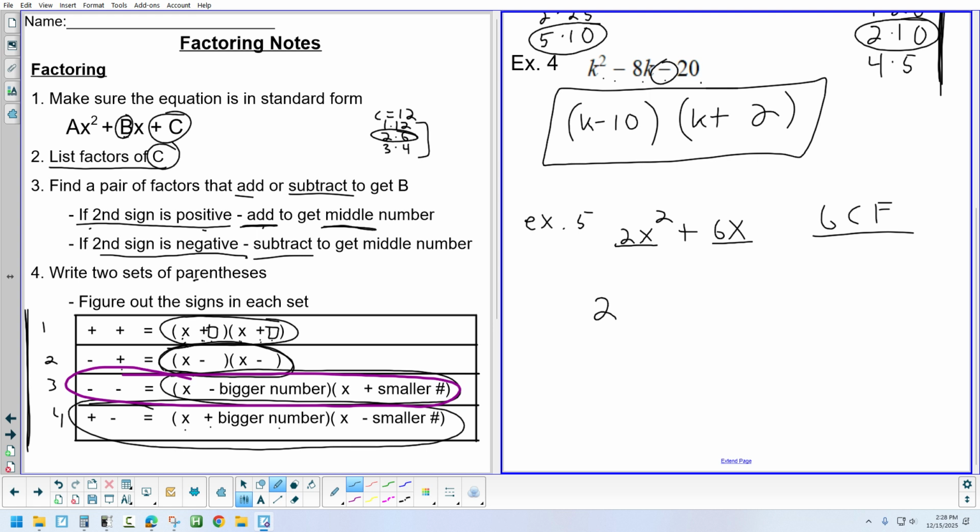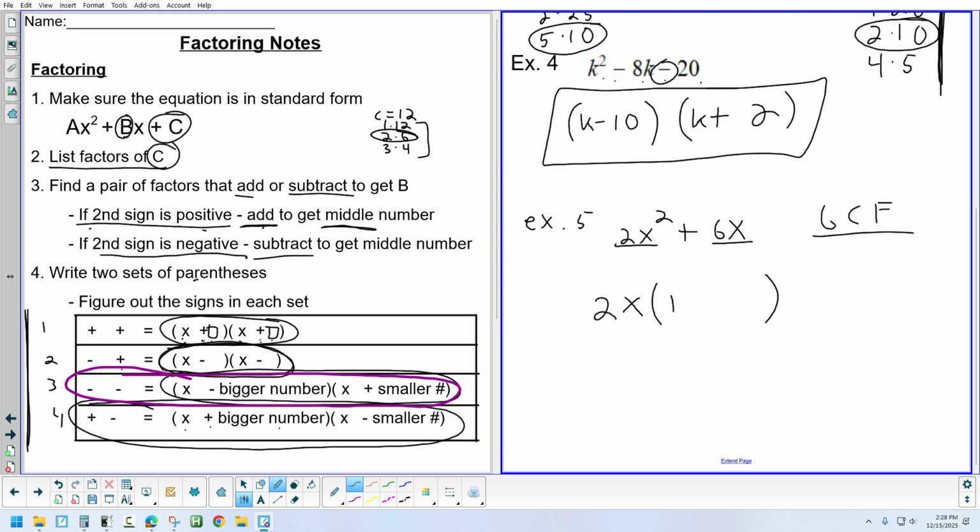And is there any letter they both have in common? Yes, they both have an X. So we're going to factor the X out. Now, we have to figure out 2 times something would give me 2. 2 times what gives you 2? 1.